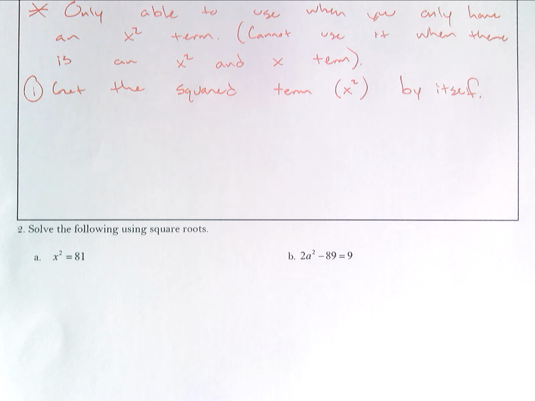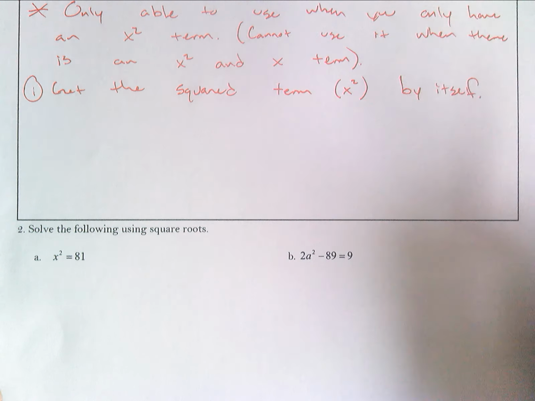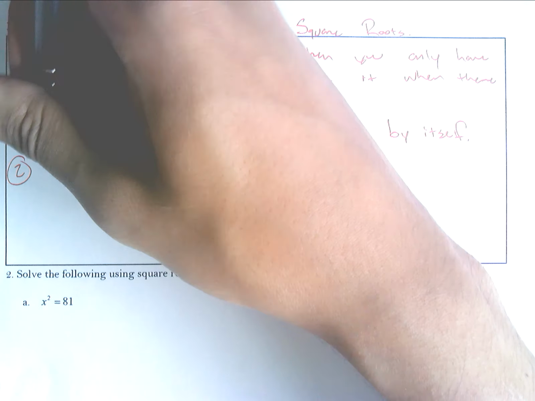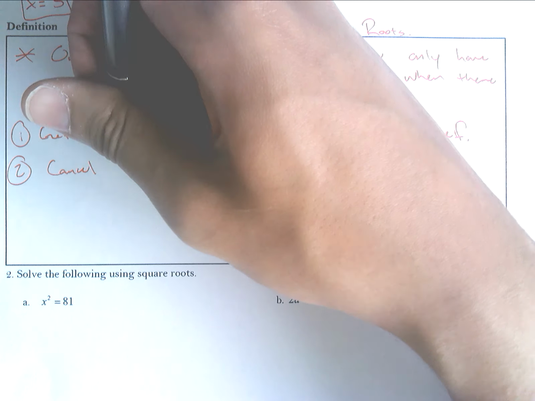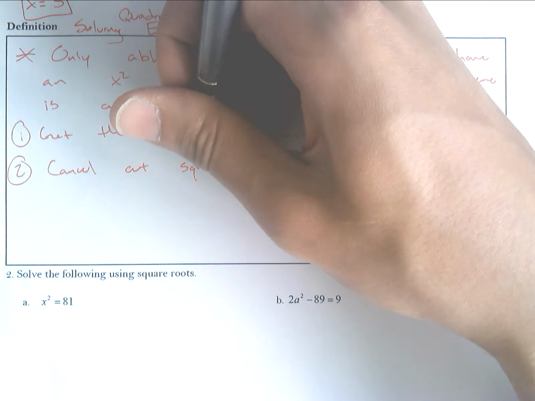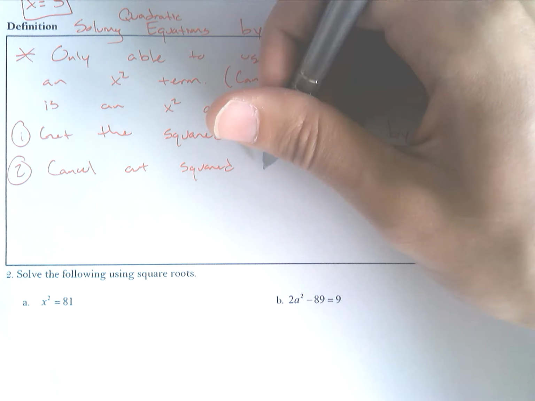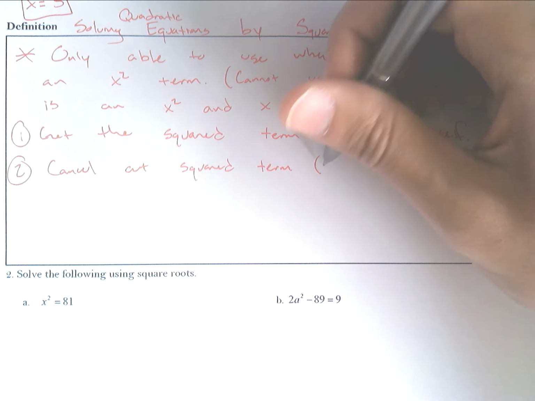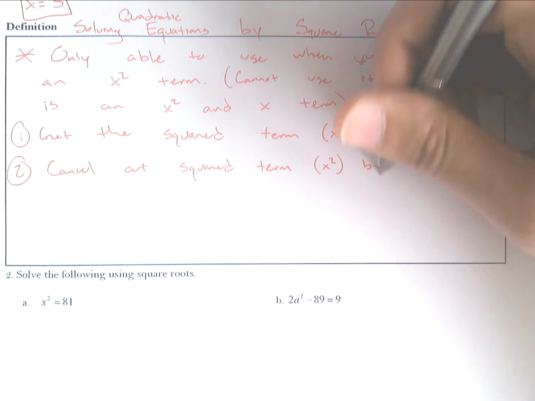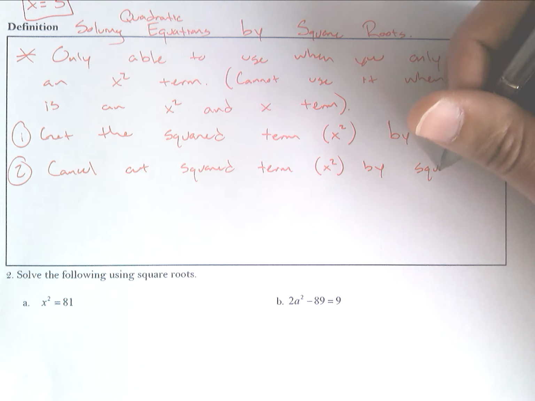It's on its own side of the equal sign with nothing else along with it. So this one is good to go. Step 2 is to cancel out the squared term. And as a reminder, that's like x squared, by square rooting both sides.